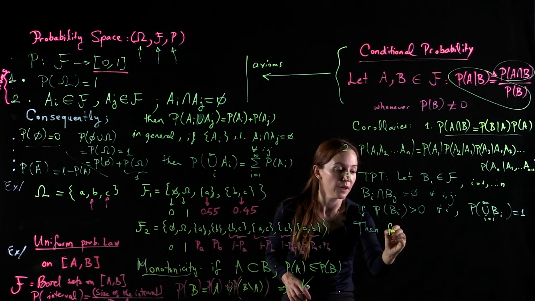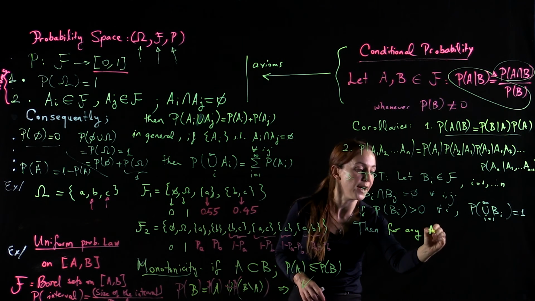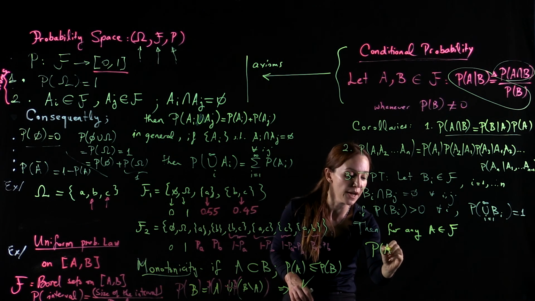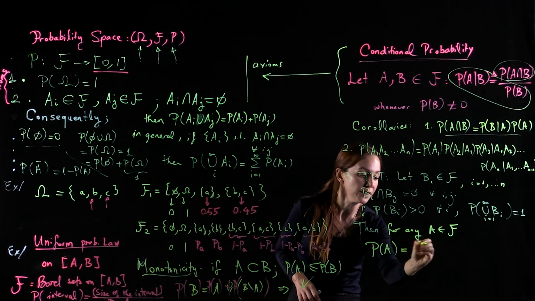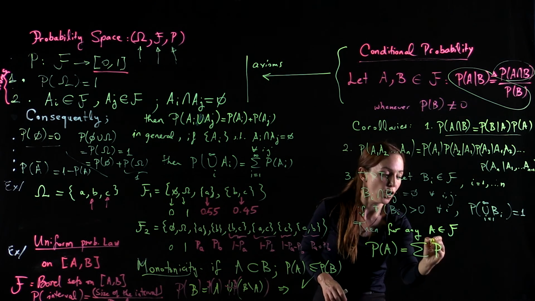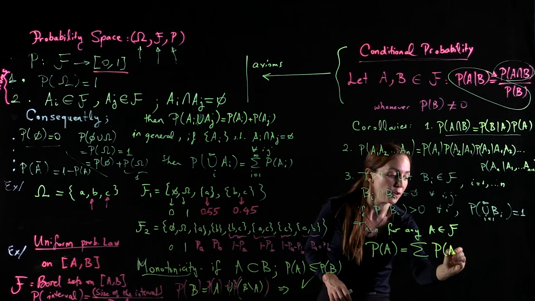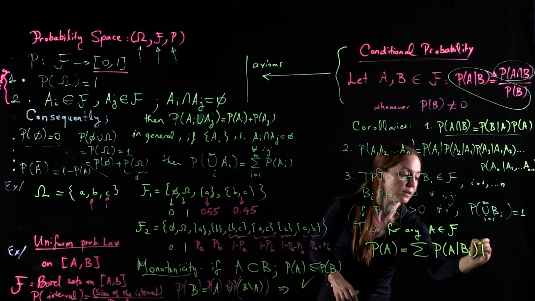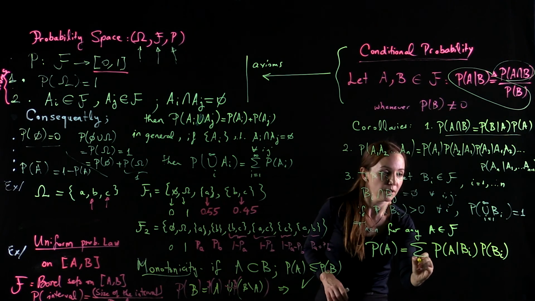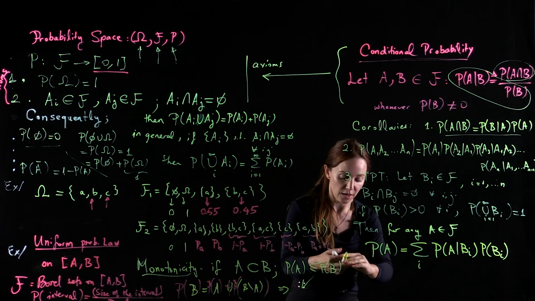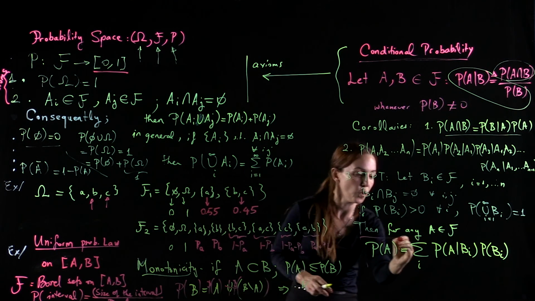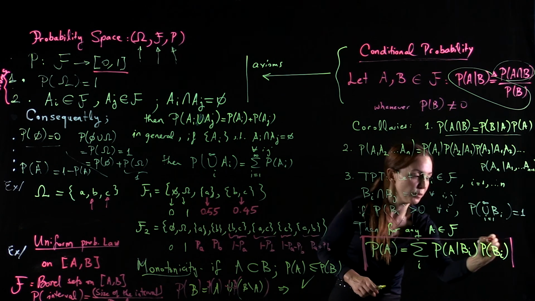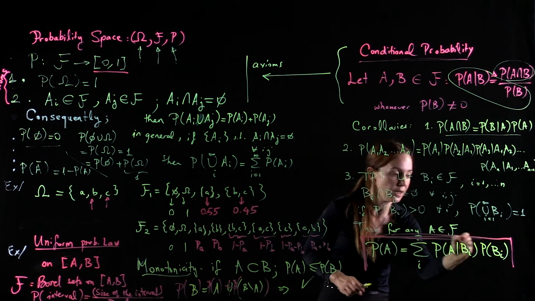So for any given event in our sigma algebra, the probability of the event can be written in terms of the probability of this event conditioned on the Bi's. Of course, we do not need an infinite number of Bi's, but the total probability theorem holds in the infinite case as well.